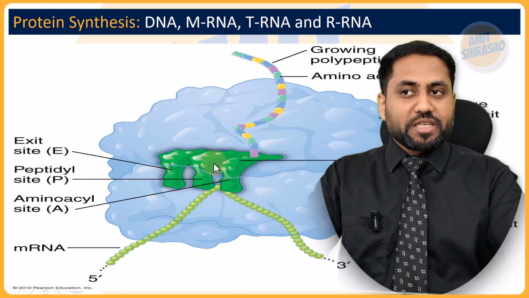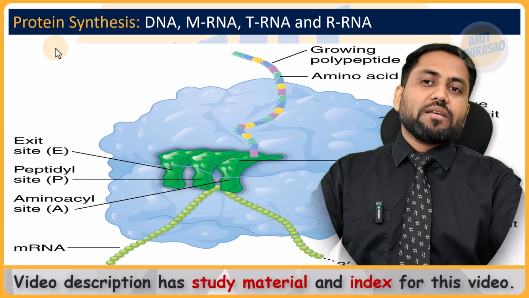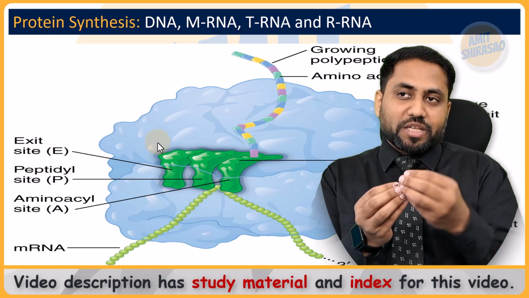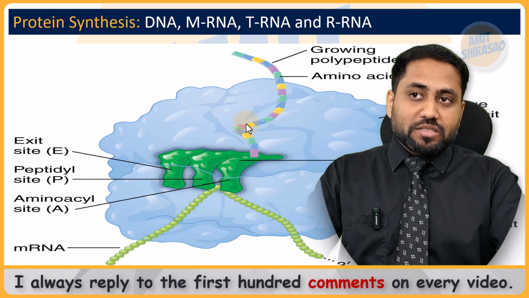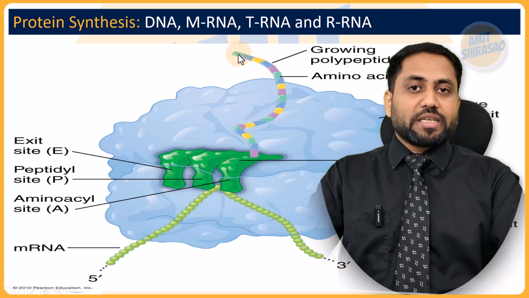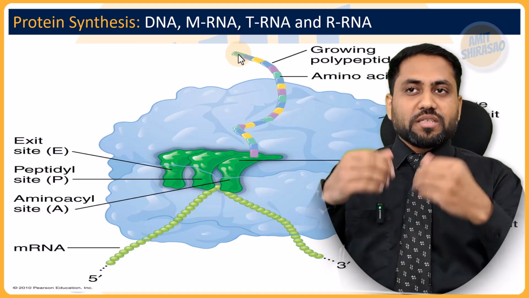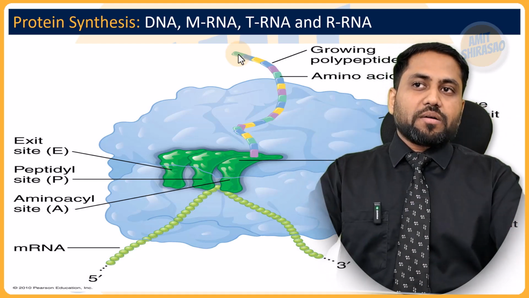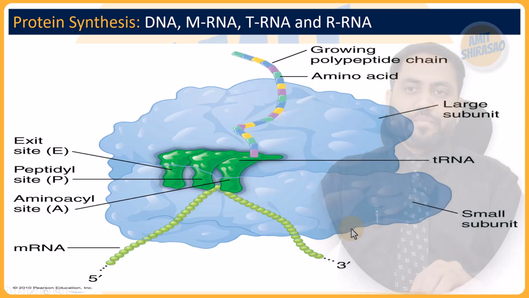Then the exit site: from here the tRNA which was carrying that amino acid will dissociate and go away. And this is the long chain of amino acids connected to each other using peptide bonds. This is nothing but a polypeptide, a protein. Got the idea? This is how the protein is synthesized.